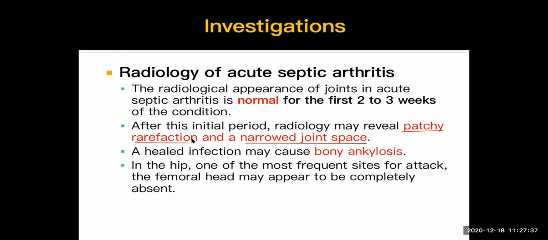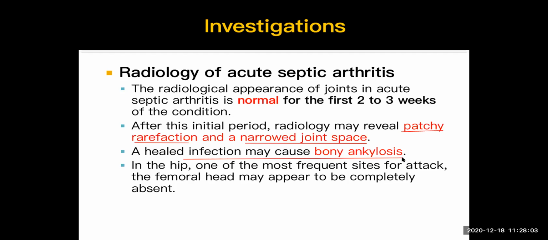Patchy rarefaction means a bit of osteolytic areas start to appear on the end of the bone inside the joint. And because of the destruction of that articular cartilage, the two bones are coming closer to each other. That's why there is narrowing of the joint space. A healed infection may cause bony ankylosis, means fusion of the joint.